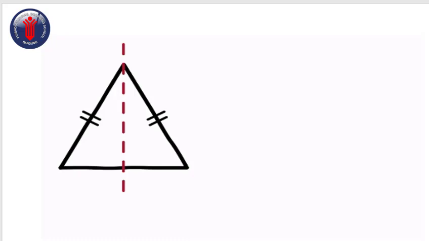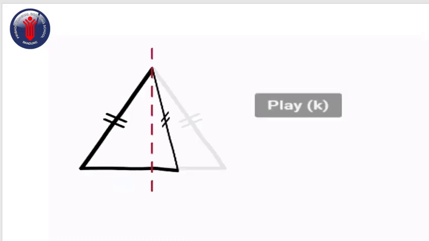If the part on the right is taken over the left, we see that they overlap exactly. And that is why this shape is said to be symmetrical. The two parts match exactly when folded along a line.